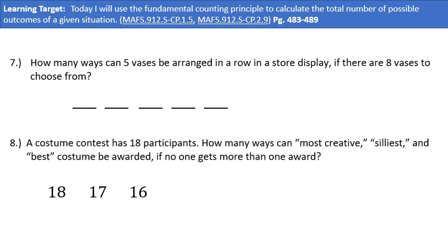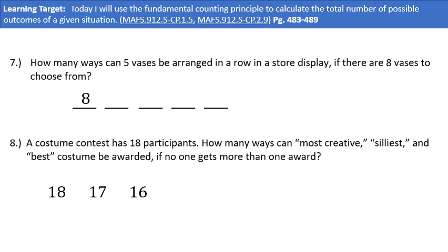How many vases do I have to choose from when I put that first vase down? I have 8 I can choose from. Now, each vase is its own. I can't have the same vase occur more than one time, because there's 8 different vases. So whatever vase I put in that first slot, I can't put it in the second slot as well.